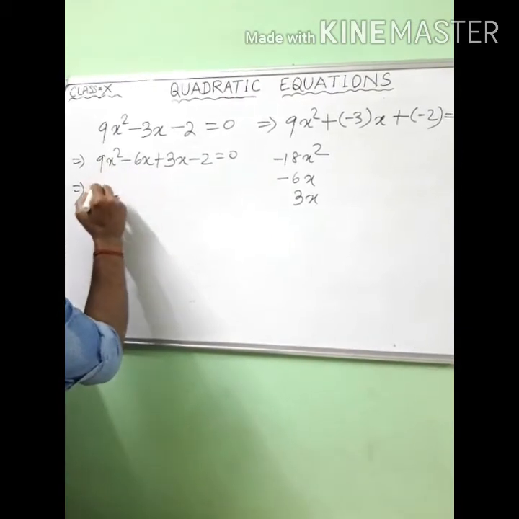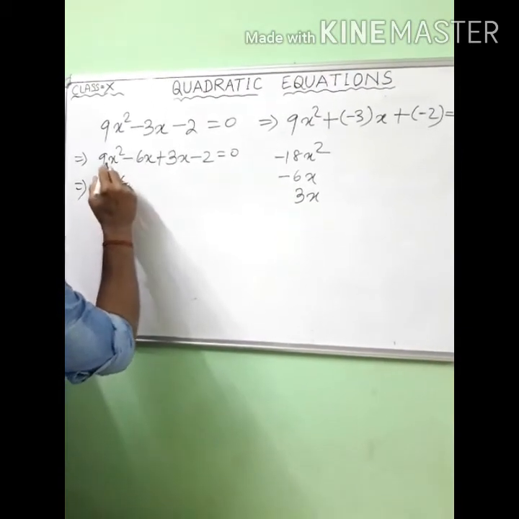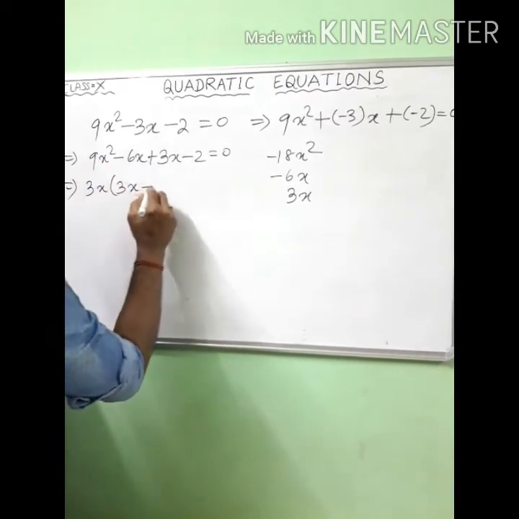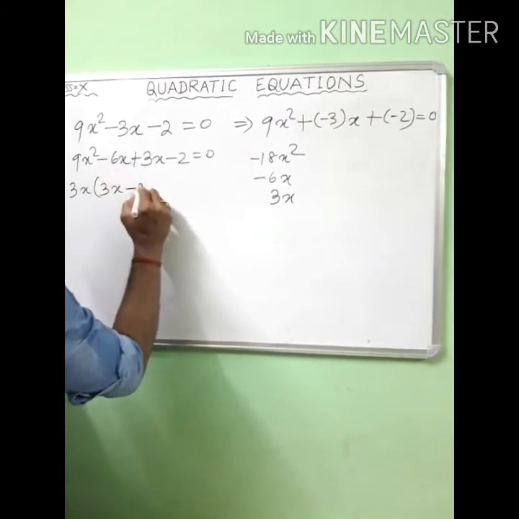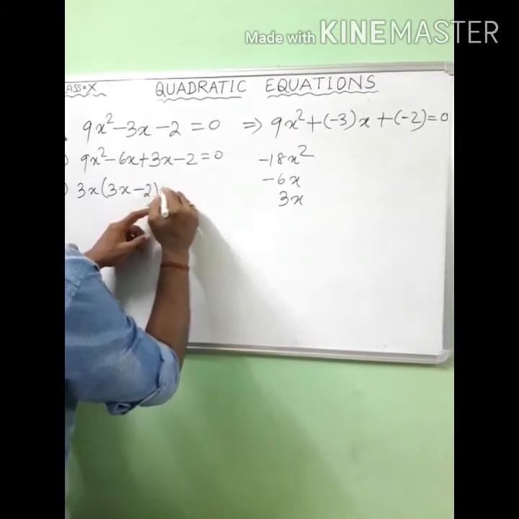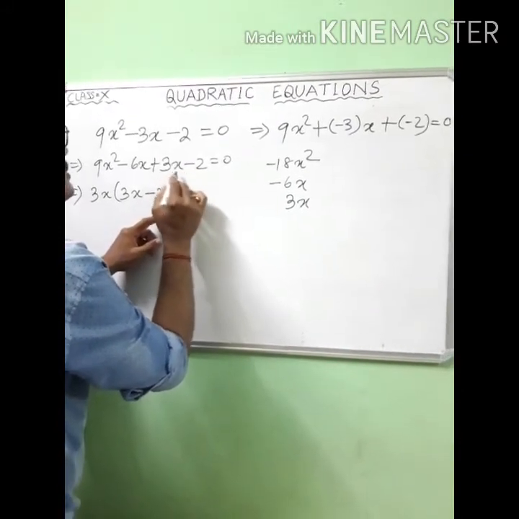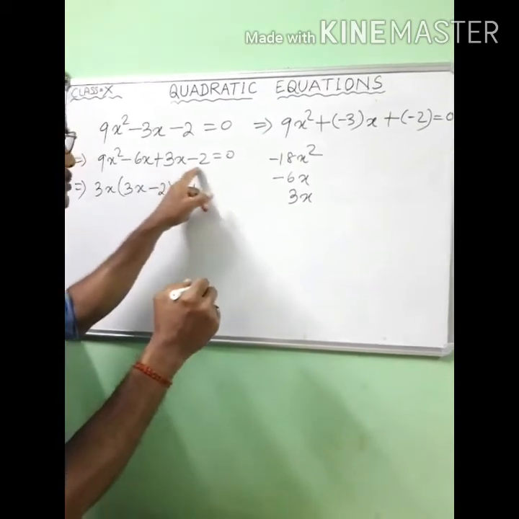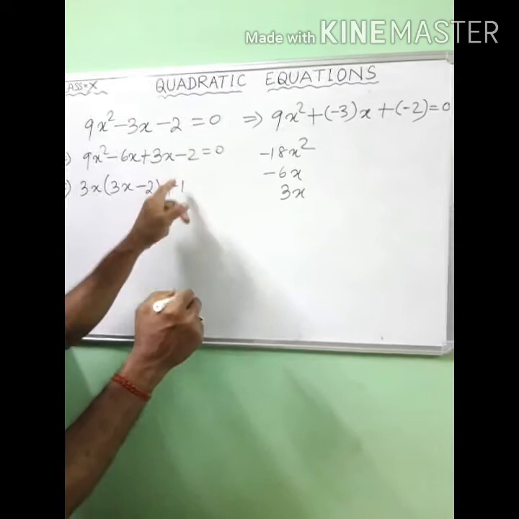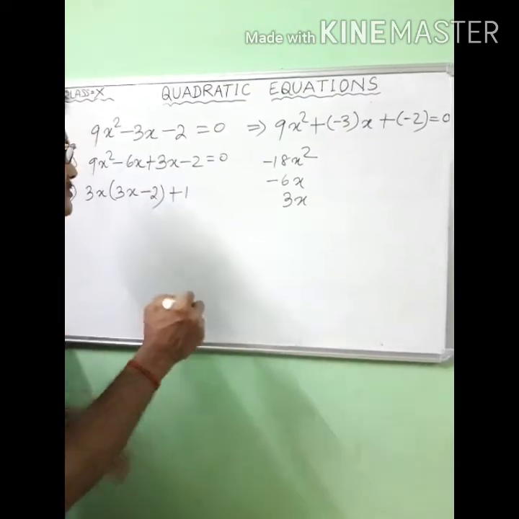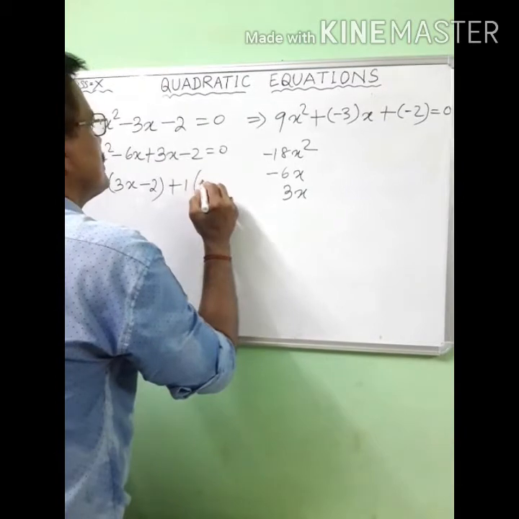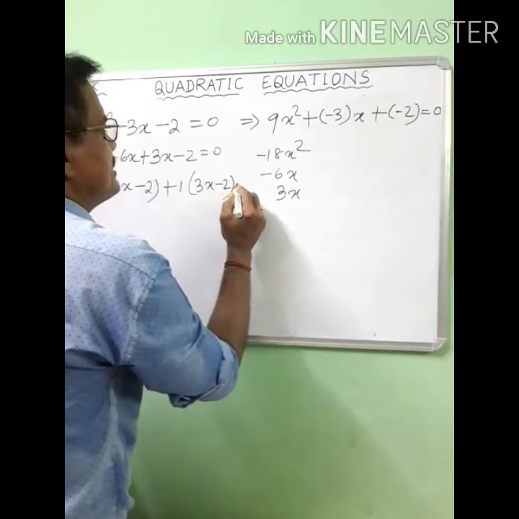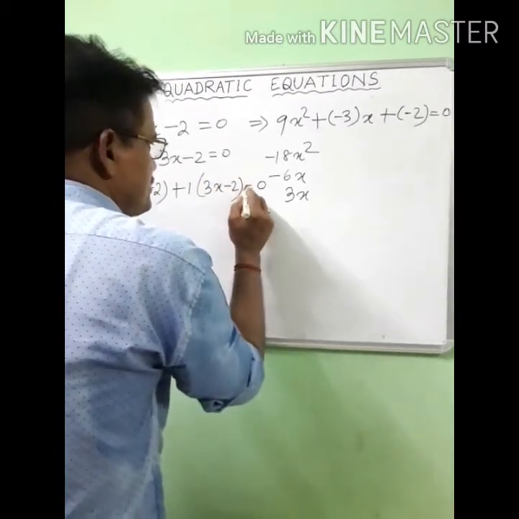So 3x into 3x minus 2, bracket close, plus, among the two, which is taken as common, nothing means 1. So 1 into 3x minus 2 is equal to 0.